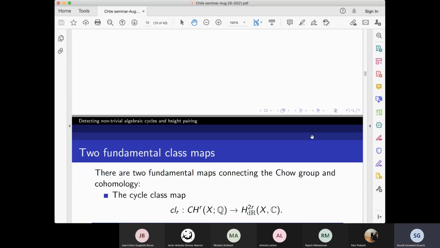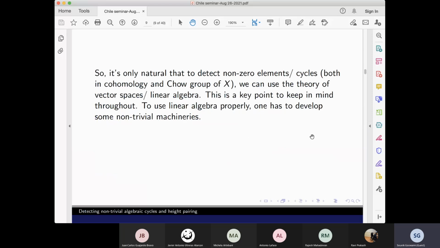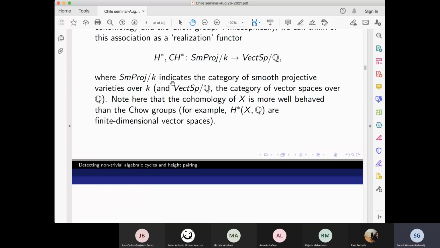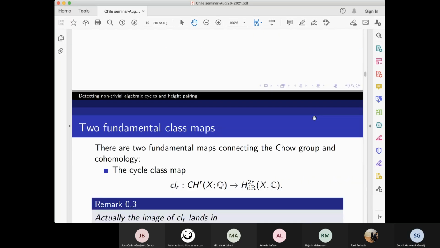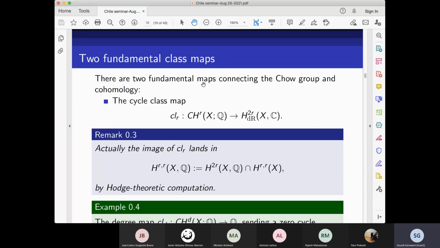Okay, so as I was saying, there should be some maps between the Chow group and the cohomology group, and indeed there are. The first such map is given by the so-called fundamental class. Forget about algebraic cycles, just think of a manifold and a submanifold.